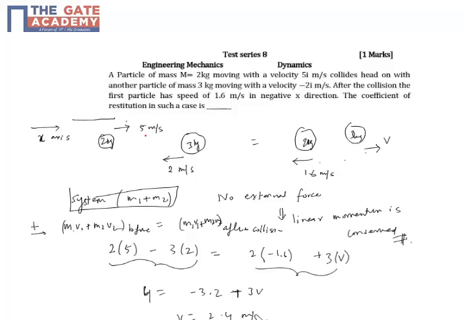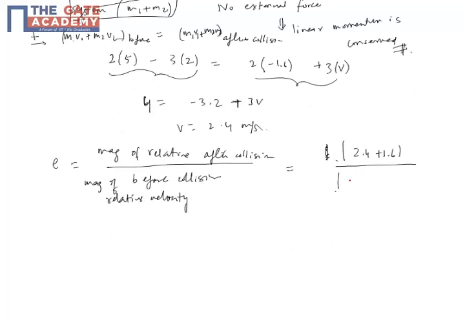Or if you want to write it in the other direction, it's 2 minus of minus 5, so it's 7 in this direction. Either way, 5 plus 2 is 7, so it's 4 by 7, which is 0.57. So this is the coefficient of restitution, 0.57.